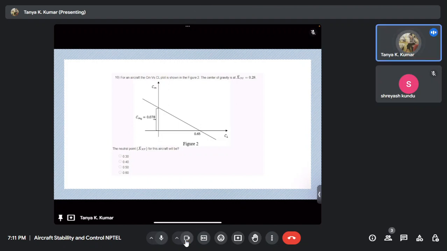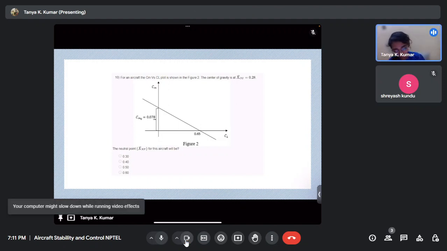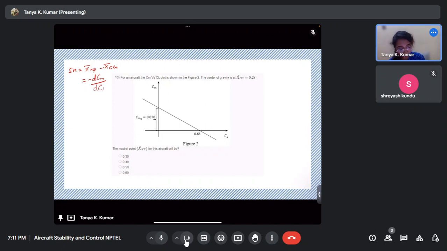So let's try doing this. Your static margin is nothing but x bar np minus x bar cg. That's also equal to minus dCm by dCl. They've asked you to find the neutral point when they've given you the CG. So just rearrange this equation and you have x bar np is x bar cg minus the slope.